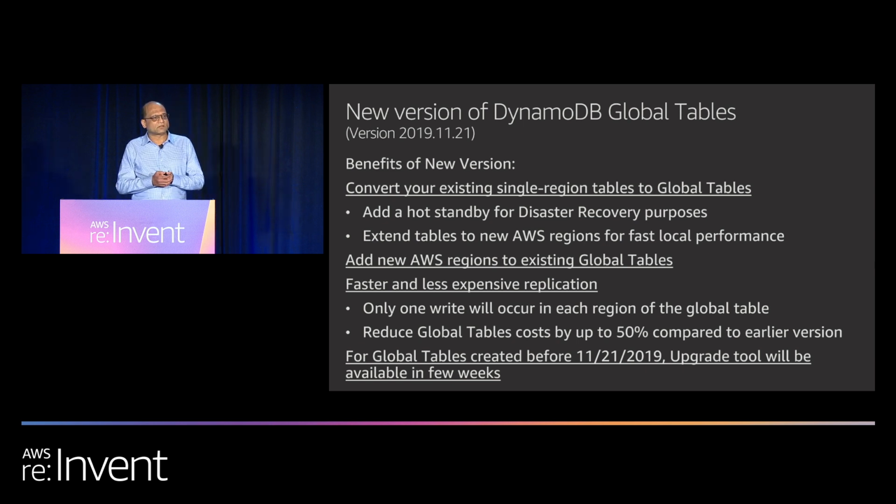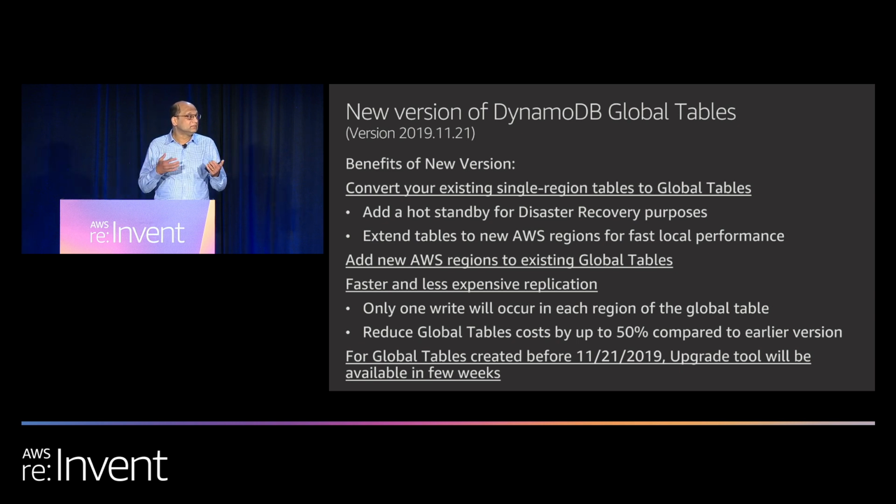You can now convert existing single region tables to global tables. This enables you to easily create a hot standby for disaster recovery purposes. You can also extend your tables to additional AWS regions for fast local performance, especially for low latency applications.